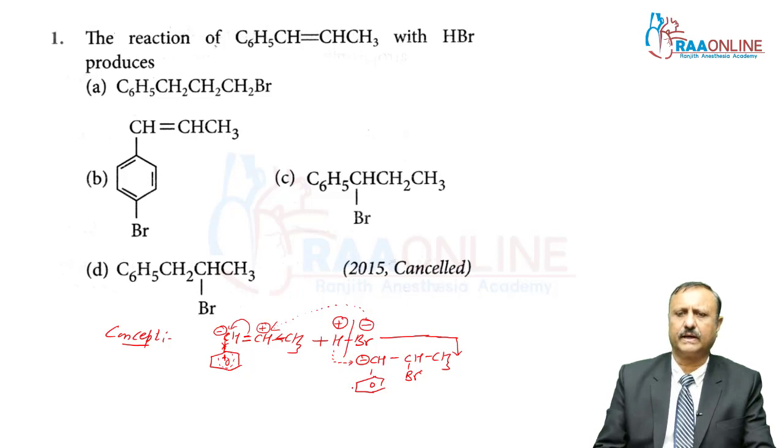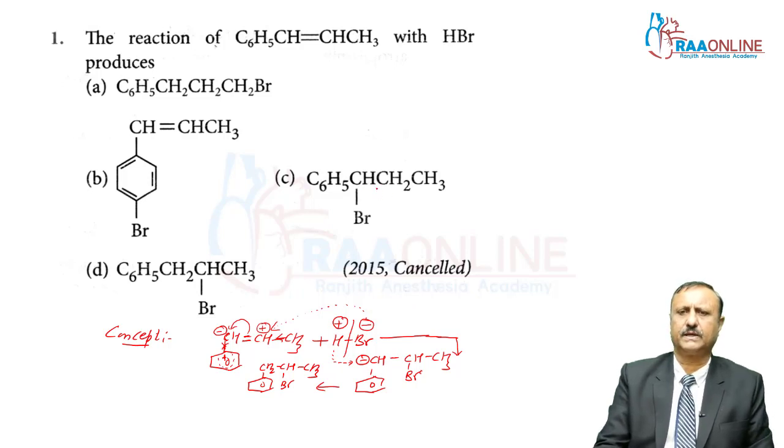So you can get the product, and your product is C6H5CH2CHBrCH3. So, my dear students, this is question number 1.